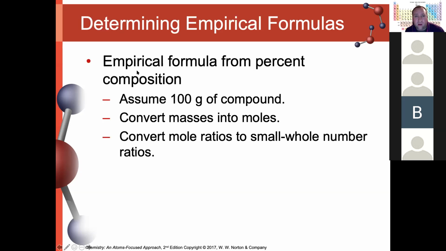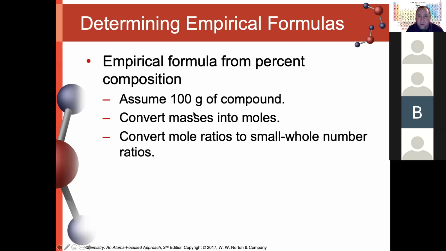So for the empirical formula, using the percent composition technique, what you're going to do is start with 100 grams of the compound. So you take those percentages and you immediately turn them into gram values, because percent just means part of 100. So if I have something that is 70% carbon, I'm going to make that 70 grams of carbon. If I have 30% oxygen, that's going to be 30 grams of oxygen.